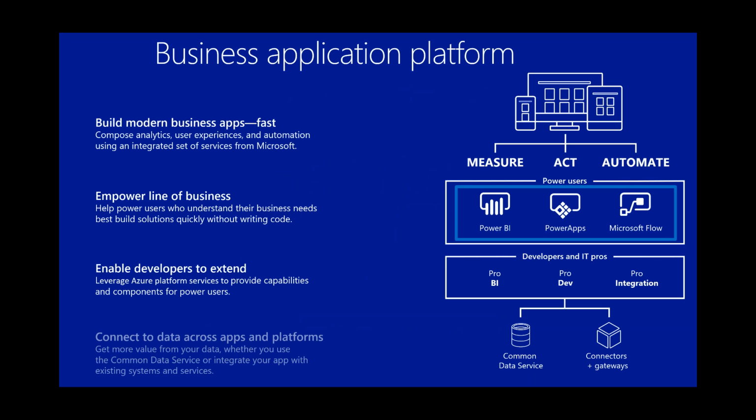In looking at what we call our business application platform at Microsoft, the layer that we're focusing on today is focused on power users: Power BI, PowerApps, and Microsoft Flow.